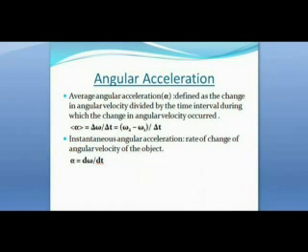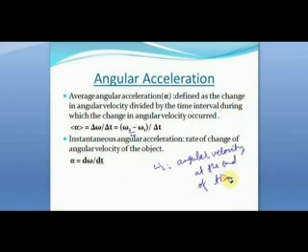So alpha will be equal to delta omega by delta t, or it will be equal to omega 2 minus omega 1 by delta t, where omega 2 is the angular velocity at the end of time interval delta t, and omega 1 is the angular velocity at the beginning of time interval delta t.